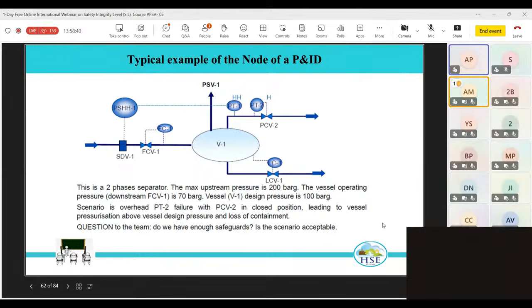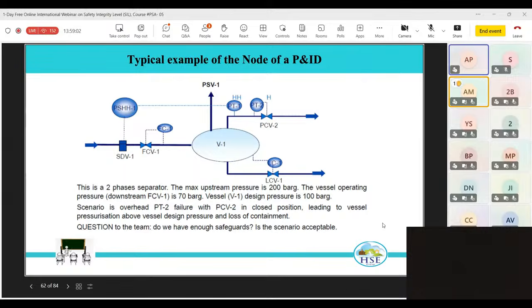In our particular case, the scenario given here is that PT2 has failed and the PCV2 is shut closed, and because of that, the pressure inside the vessel is increasing.